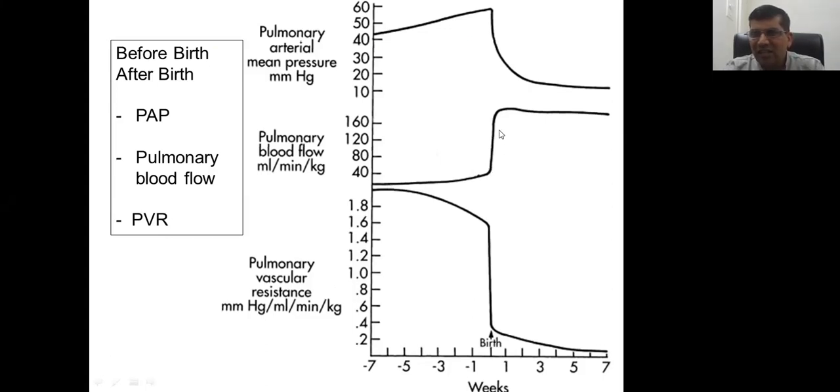There is a sudden rise in pulmonary blood flow, which leads to a decrease in vascular resistance and ultimately a decrease in pulmonary artery pressure. This is the normal transition from fetus to the neonatal period.